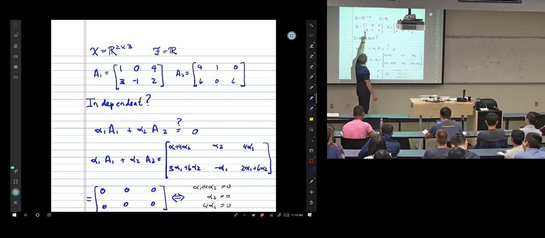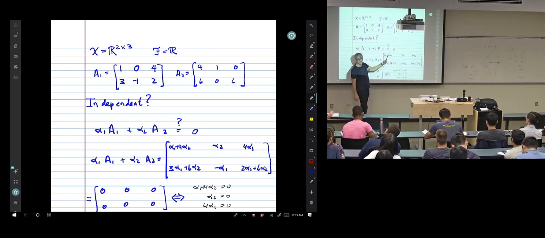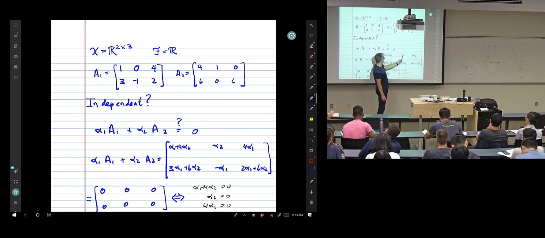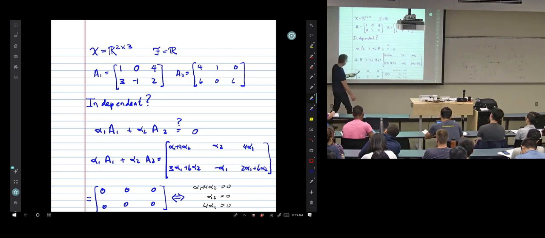And so I get alpha 1 plus 4 alpha 2 in the first entry. I get 0 times alpha 1 plus alpha 2, etc. So I just use the matrices, write these down, and set it equal to the 0 vector. This is where people mess up. They forget what the 0 vector is when they're working with the vector space.